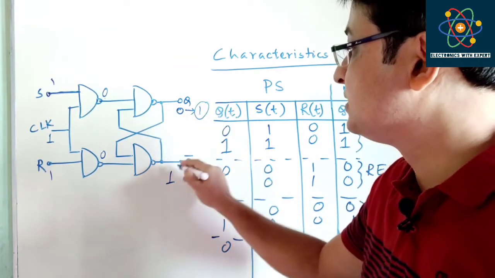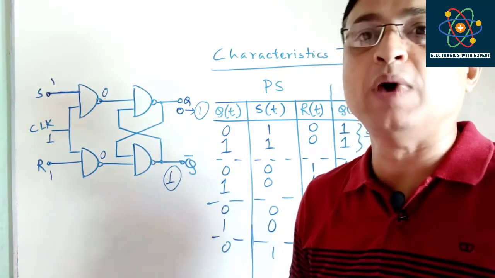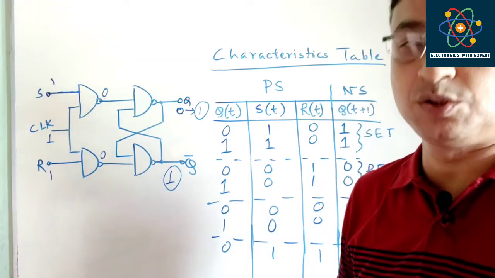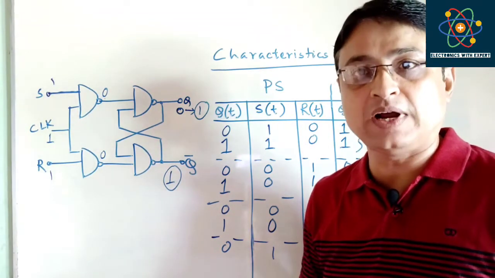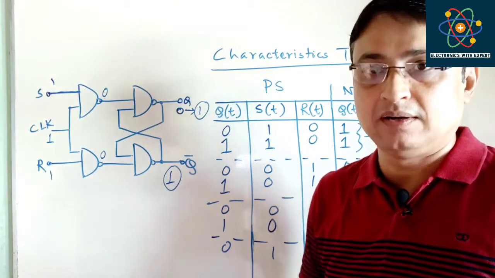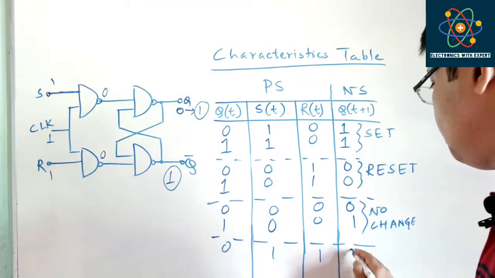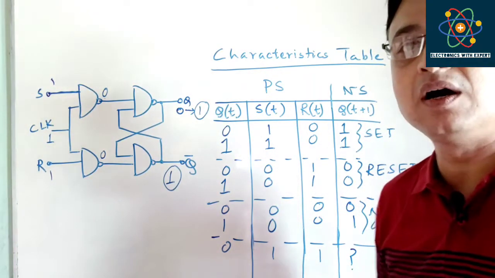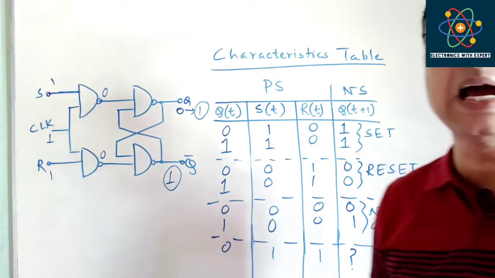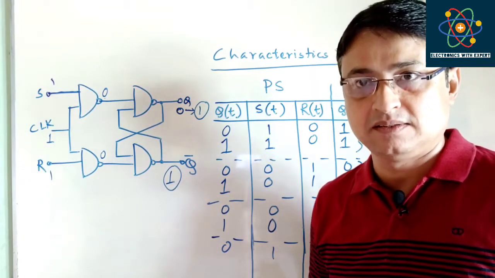So what happens is that Q and Q bar both equal 1, and that is in contrary with Boolean algebra. So I am putting a question mark over this, since this is an undetermined state.